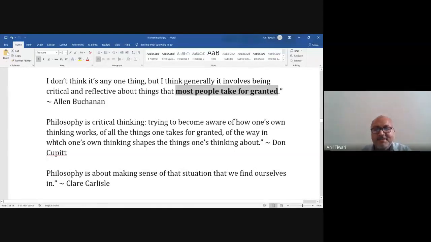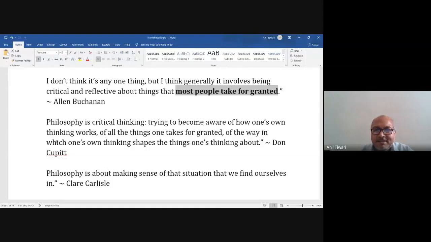Again, you see overlapping ideas you will find, trying to become aware of how one's own thinking works, of all the things one takes for granted, of the way in which one's own thinking shapes the things one's thinking about, right? So here again, it's a kind of critical, reflective enterprise.